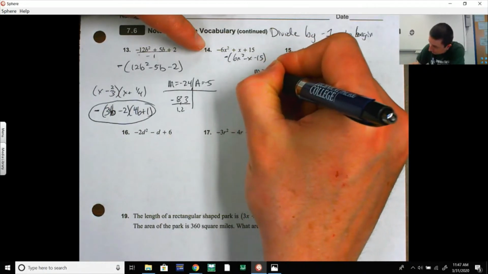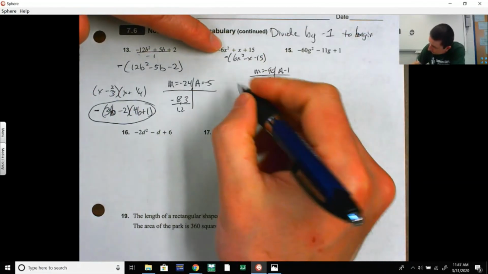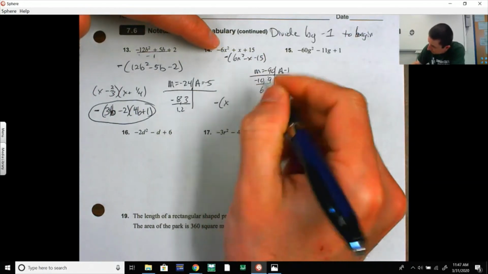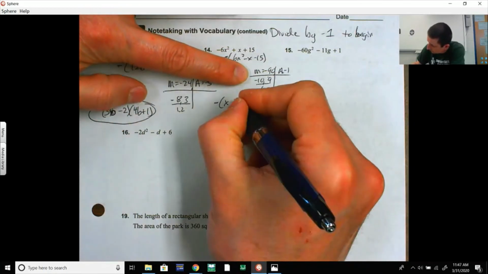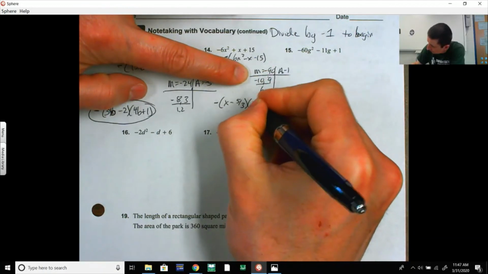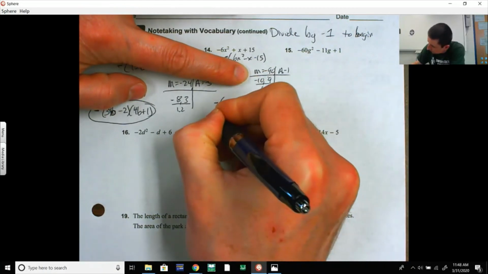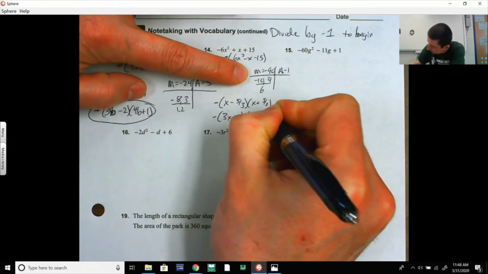Negative 10 and 9. So divide those by 6. So negative x, 10 over 6, divided by 2, that'd be 5/3. 9 over 6 would be 3/2. So negative 3x minus 5 times 2x plus 3.